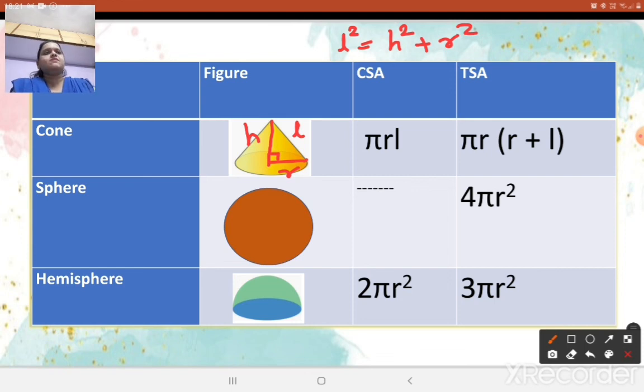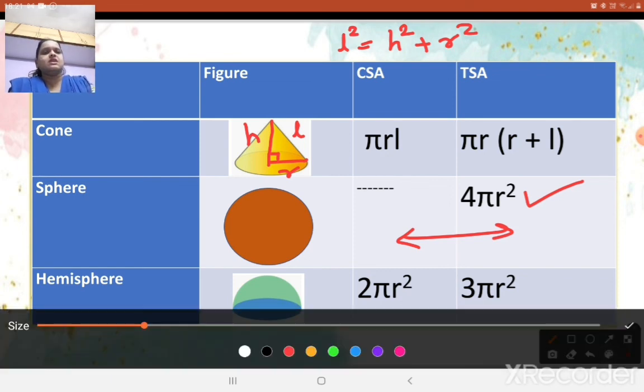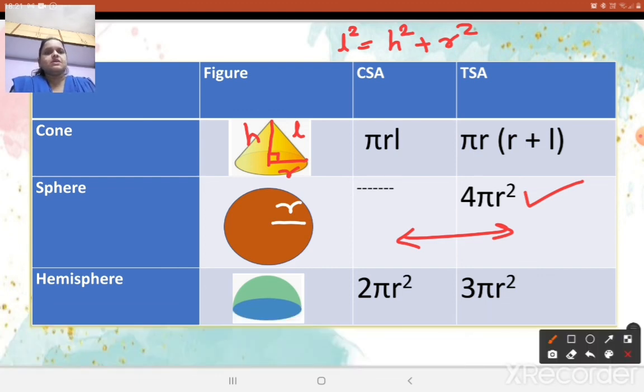Then for the sphere, we don't have a curved surface area and total surface area separate. Both are nothing but same. So the formula is 4 pi r square, where r is a radius of the sphere. This is actually in the sphere shape, not as a circle. The next one is hemisphere.